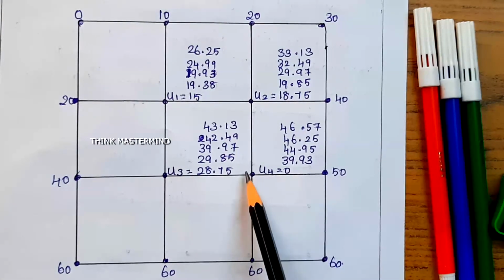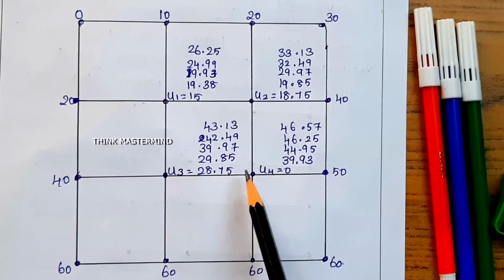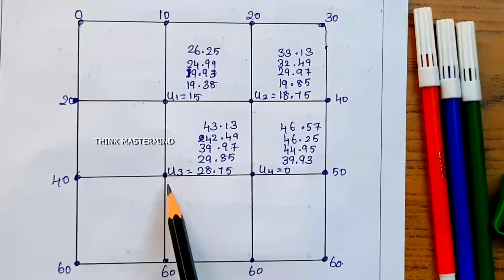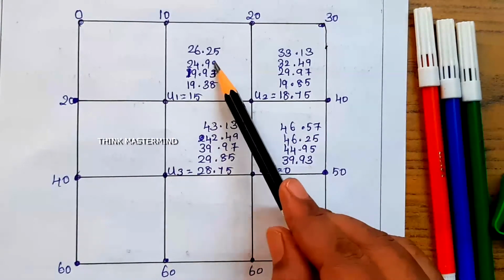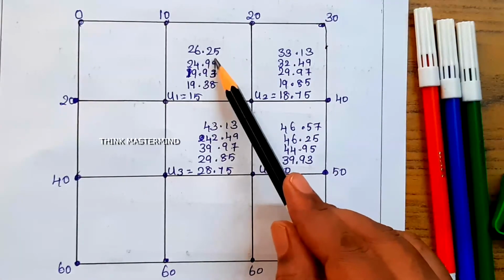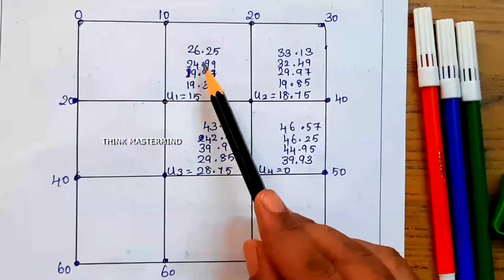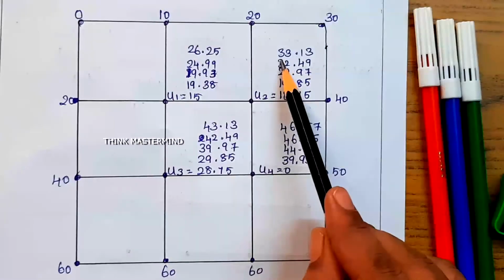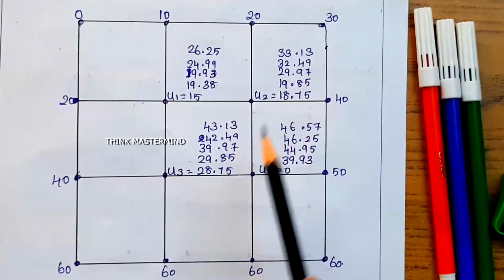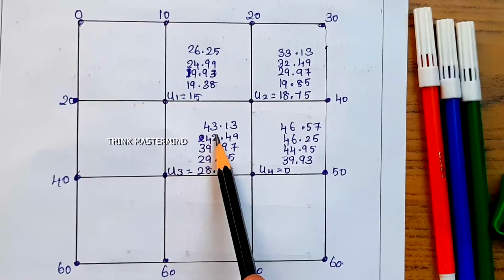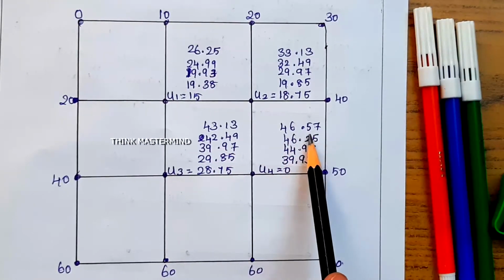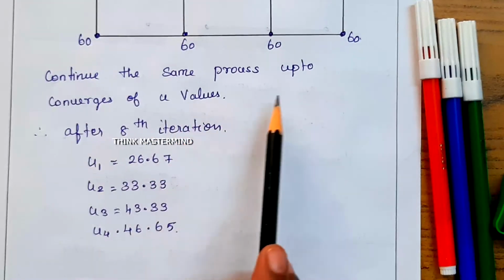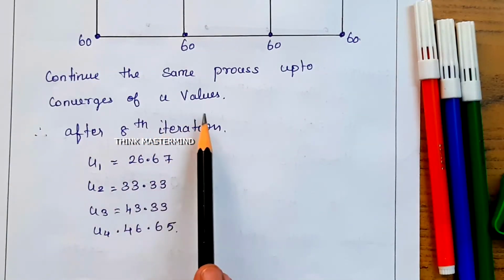Continue the same process until u1, u2, u3, u4 are the same values. After the 7th iteration, we get u1 as 26.25, u2 as 33.13, u3 as 43.13, u4 as 46.57. Continue the same process up to the convergence of the u values.